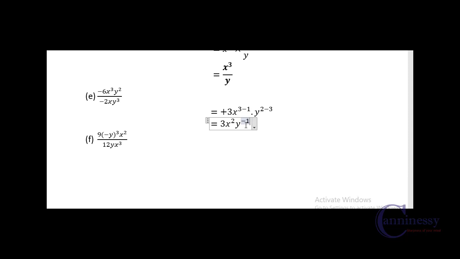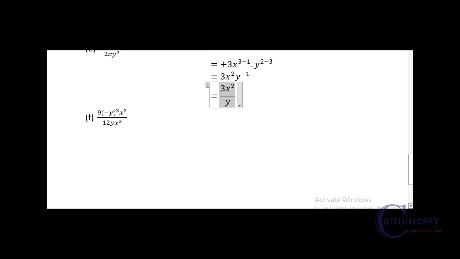Okay? So, as I've explained previously, we don't leave our final answer with a negative exponent. So, I want you to simplify this one. What will be our final answer?